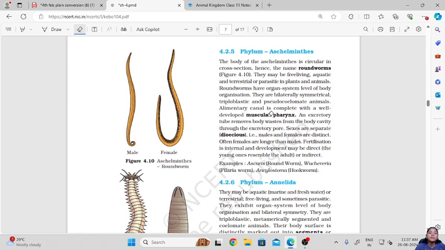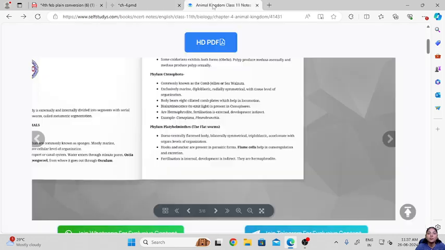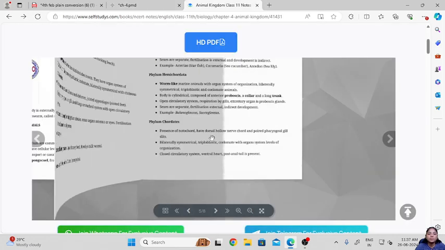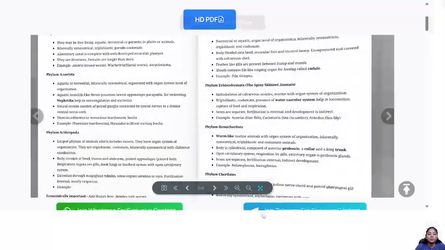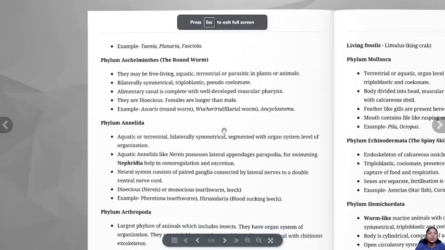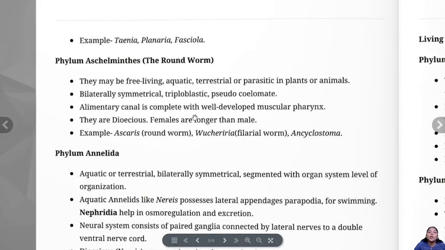Then the next phylum that we have is Aschelminthes, or the roundworms. We have organisms which are free living, aquatic, terrestrial or parasitic in plants and animals.